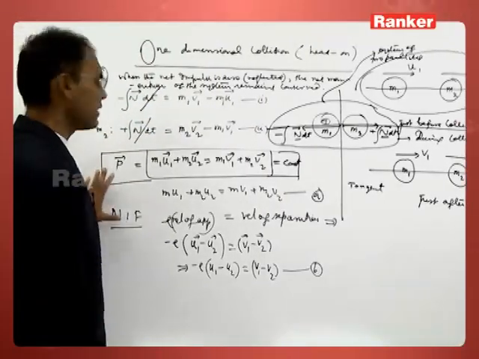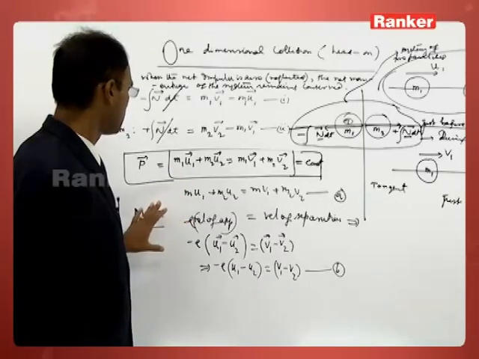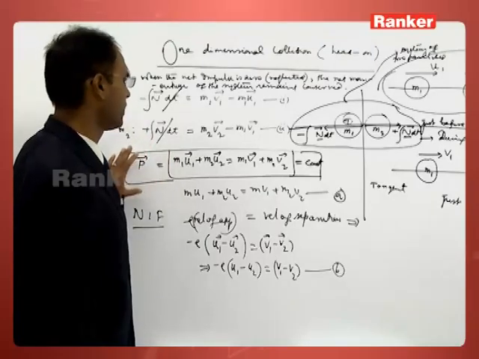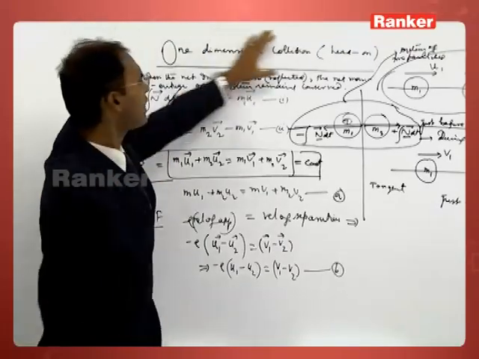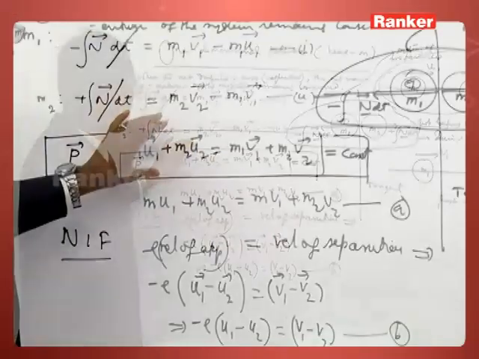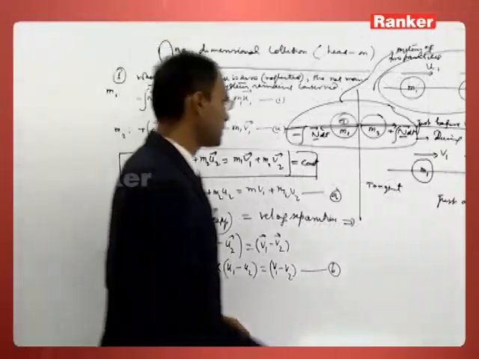Newton's empirical formula is the concept. Conservation of linear momentum is the concept. So, solution of one-dimensional collision problems are based upon two concepts: conservation of linear momentum and Newton's empirical formula. We have how many unknown quantities?